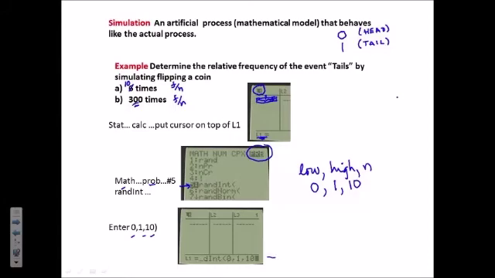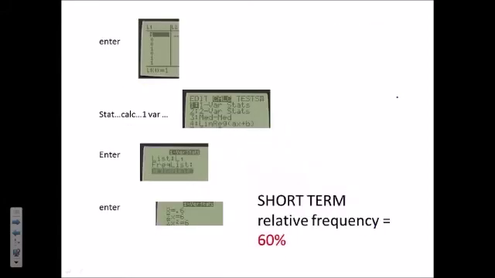It'll look like this. Hit enter, and you will see the machine will have put in 10 randomly selected zeros and ones. And don't forget, the 1 means tail, 0 means head, 0 is head, this is tail, and so on.